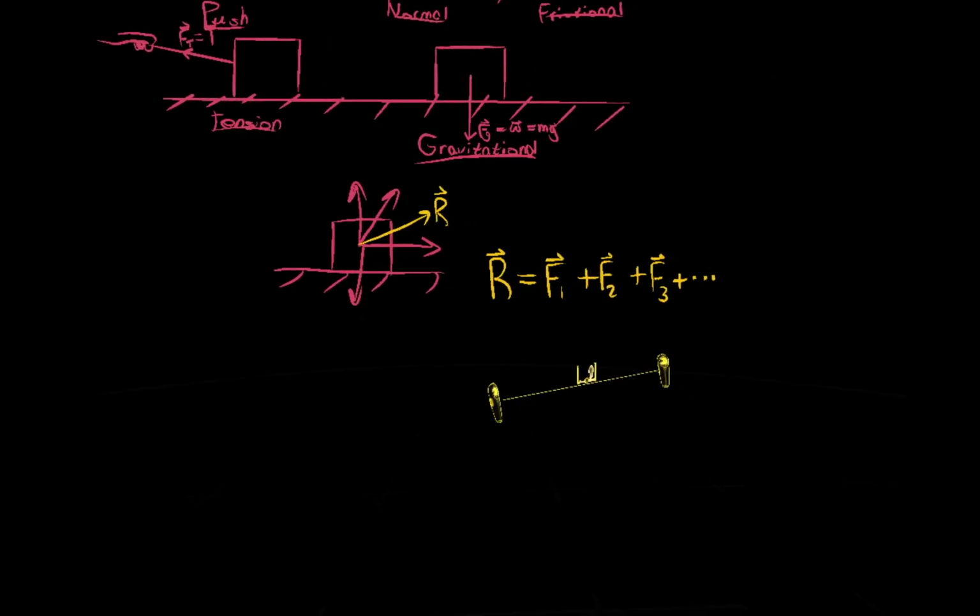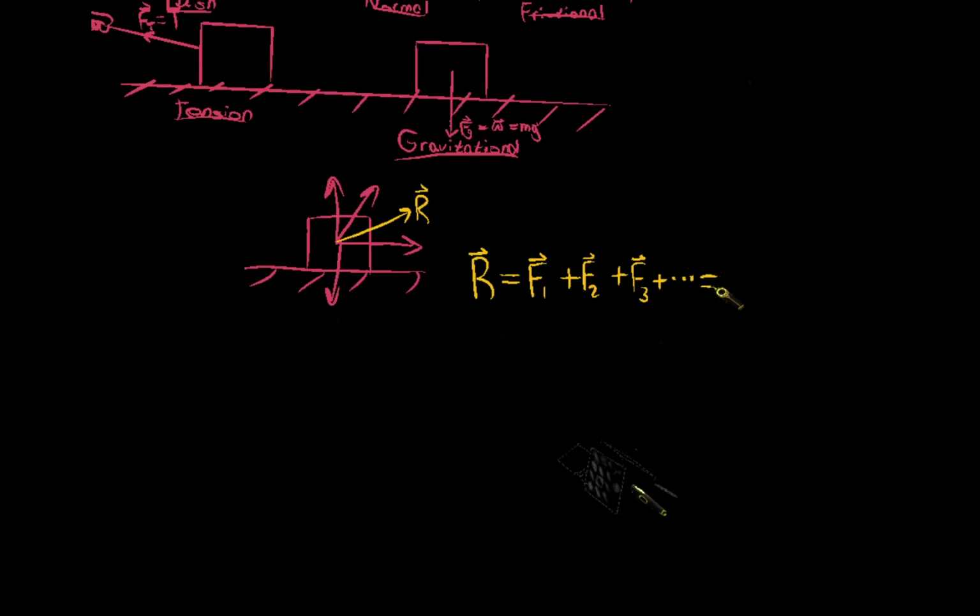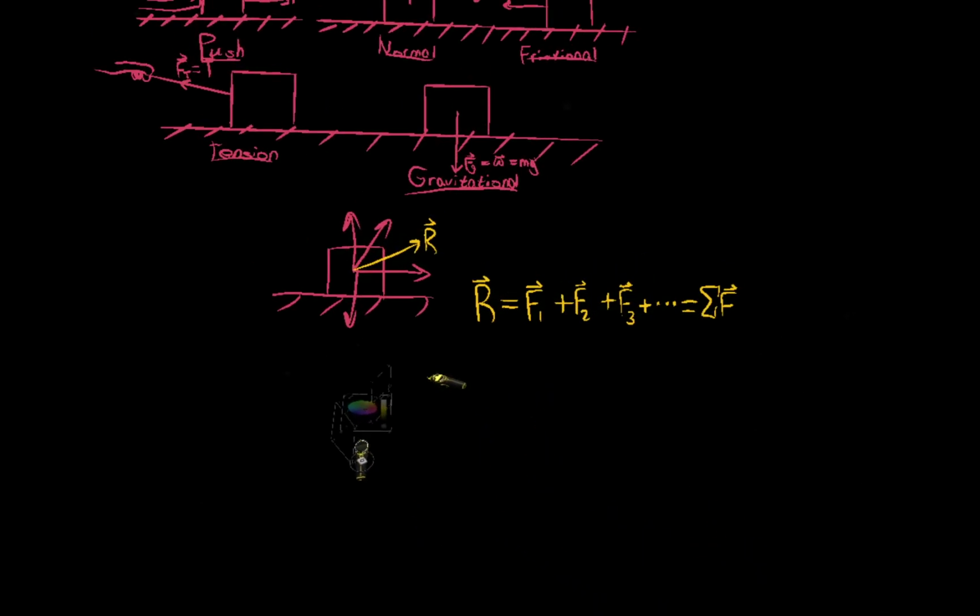Right? So it's equal to, in other words, the sum of all the forces, the vector sum specifically. Right? So in this case, this would be like F1 and F2 and F3, doesn't matter the order, and so on.